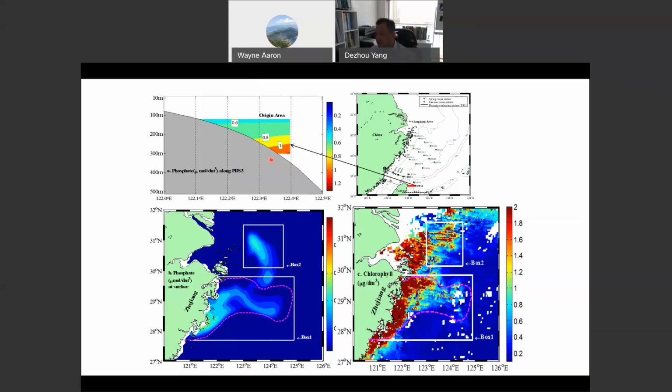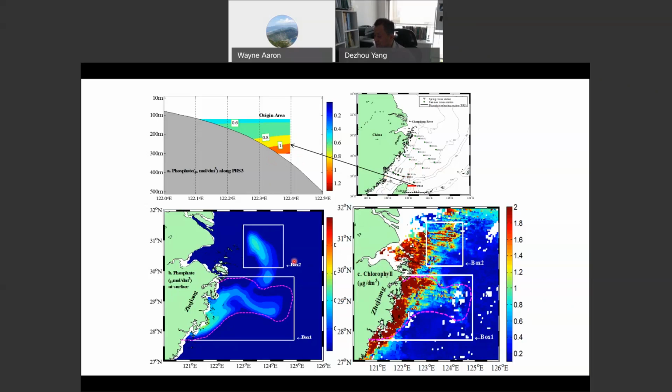Outside this box, the phosphate concentration is set to 0. 3 months later, you can find at the sea surface, the phosphate concentration distribution is like this, because there is very strong upwelling here.